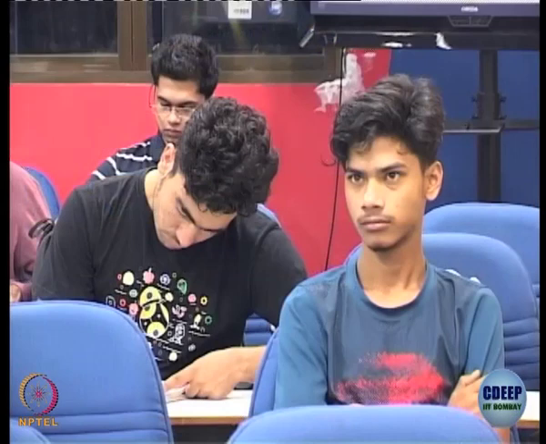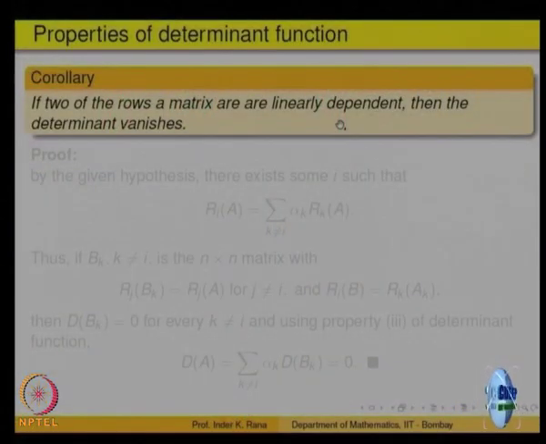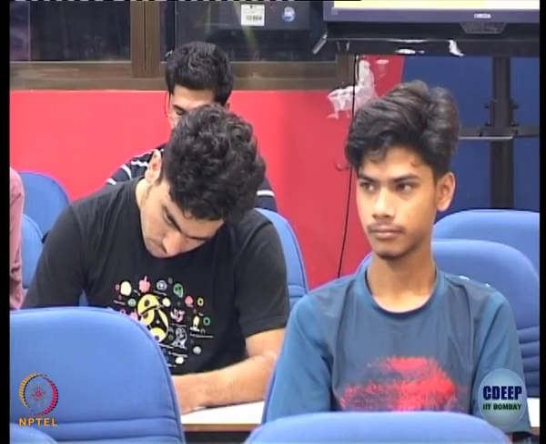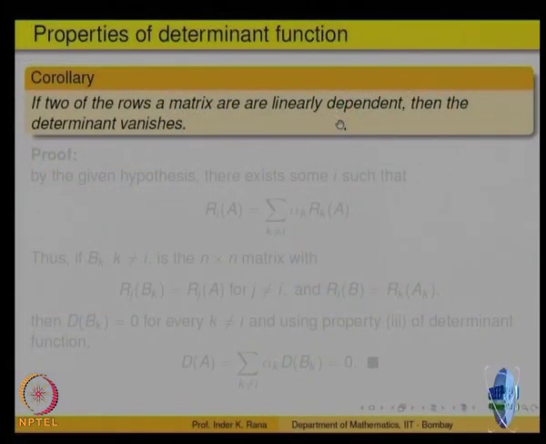Proof? Okay. Let us look at 2, which says another property, that if rows of a matrix are linearly dependent, the matrix is written as row vectors R1, R2, Rn, that ith row will be a linear combination of the remaining ones, then what will happen? When I expand by using linearity, two rows will be coming identical in the expanded one, right.